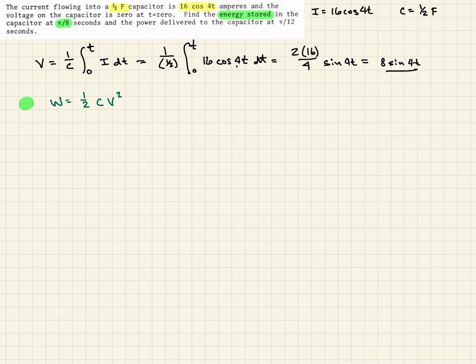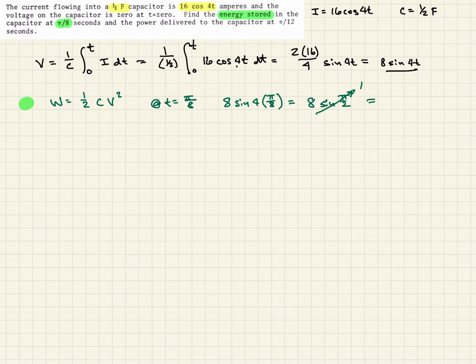And again, at t equal to pi over 8, which is where they've asked us to calculate this, we need to calculate what 8 times the sine of 4 times pi over 8 is. And so that's going to be 8 times the sine of pi over 2. Well, the sine of pi over 2 is just equal to 1.